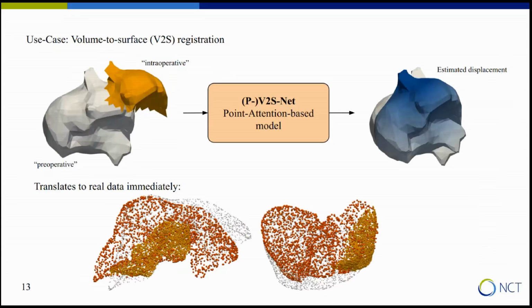And the cool thing is that this translates to patient data without ever having seen a real liver. So in this case, we trained only on synthetic data. Now, of course, we have the displacement field, and we can interpolate that onto the tumor or the vessels, so that we can then displace those as well.